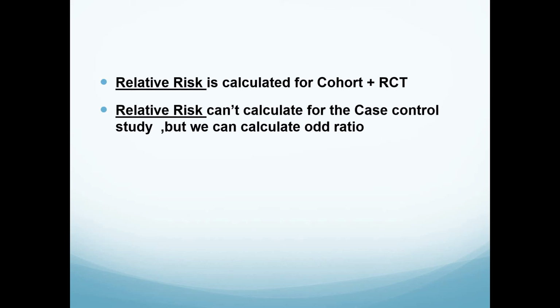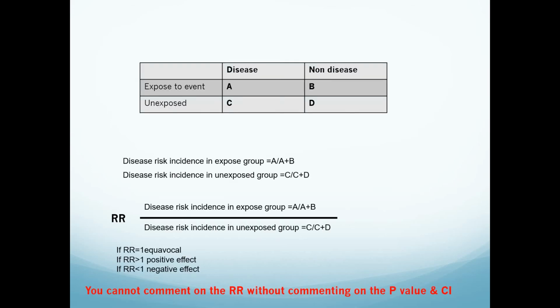So there is no intervention in the case control study, so you cannot decide the relative risk. So remember that cohort and randomized control studies can have relative risk, odds ratio, p-value, and confidence interval, whereas in a case control study, you cannot have relative risk, but you have odds ratio.